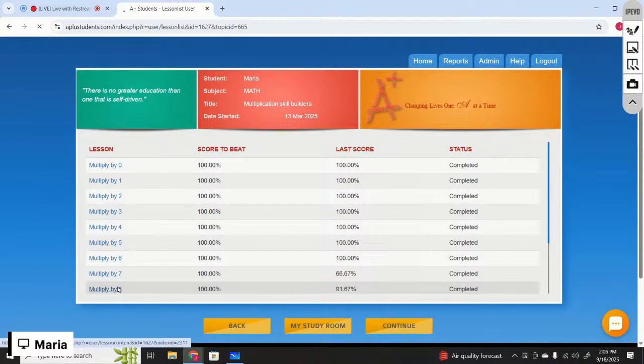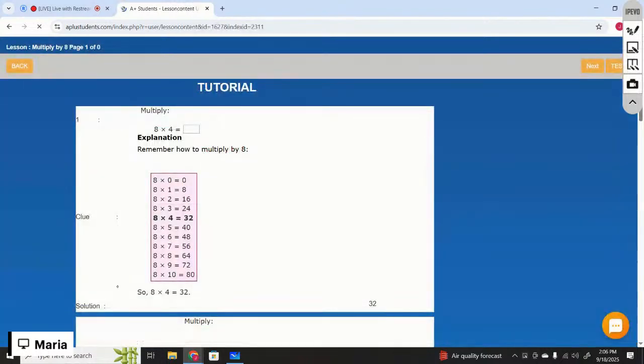Multiply by 8. Let's just start with the lesson. So, we know how to multiply, right? We have already covered so many lessons from the chapter. Just the numbers are same, the concept is exactly the same, right?